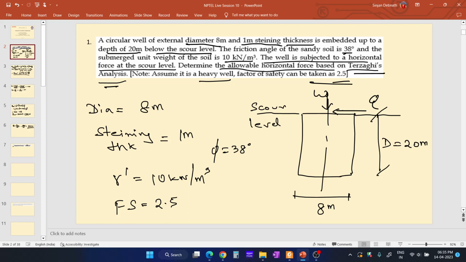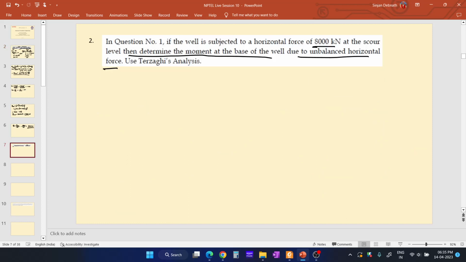In this particular question, it is subjected to a horizontal force of 8,000 kilonewton.